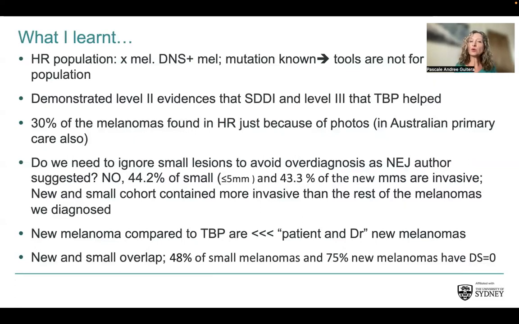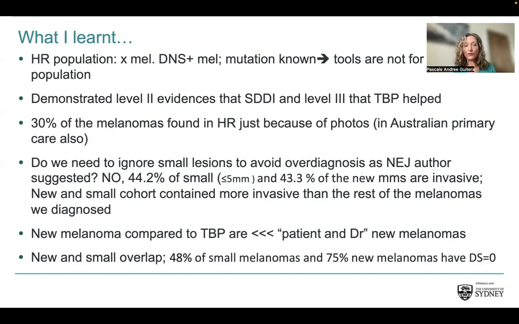And the new and small cohort contains more invasive than the rest of the melanomas we diagnose. I guess it's also because in Sydney we diagnose a lot of lentigo maligna, in situ melanoma, that are of course very large and not new. New melanoma compared to total body photo is the real way of knowing they're new, because what the patient says or the doctor collects in their notes is maybe not exact.